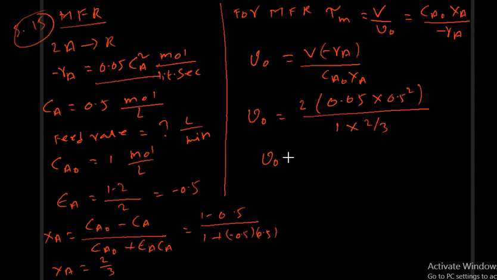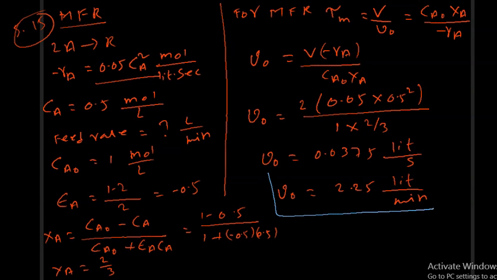So if you solve it, then we will be getting V naught equal to 0.0375 liter per second. So V naught is equal to 2.25 liter per minute. So as per the given conditions, the feed rate V naught is 2.25 liter per minute.